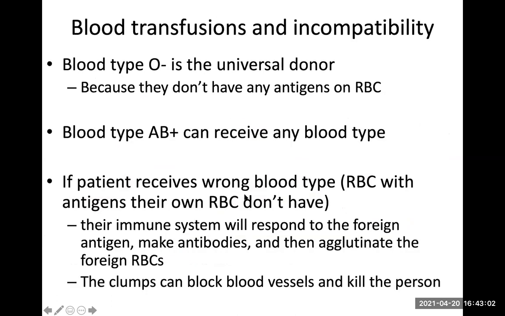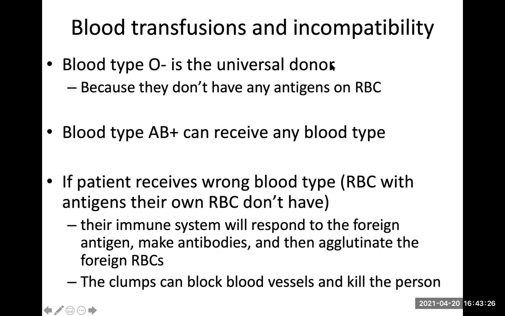Okay, now blood transfusions. These are harmful because you will make antibodies and they will agglutinate those blood cells. And so blood type O minus does not have any surface antigens, not A, not B, not Rh, zero.